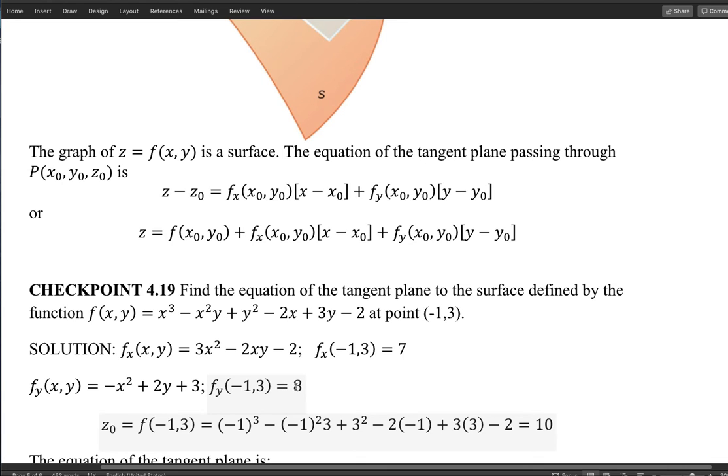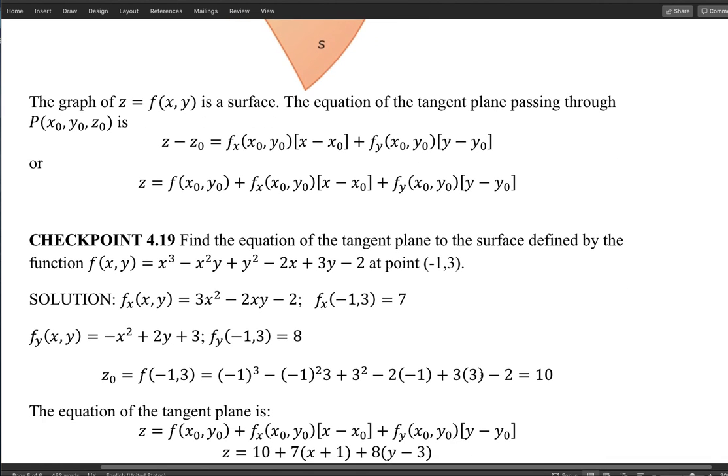Please help me check if that's all right. And then finally, I need z naught. Z naught is the function at x naught, y naught, so f of negative 1 and 3. Plugging this ordered pair into the original function, not the partial derivatives, my calculation says 10. I suppose 10 should be all right.